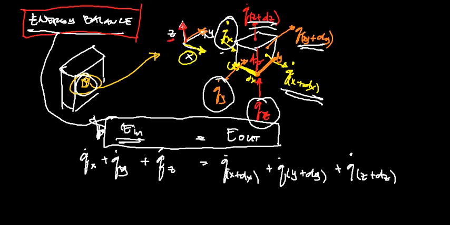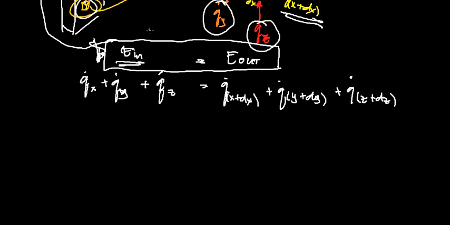So in terms of heat entering and leaving the system, Q in is equal to Q out.